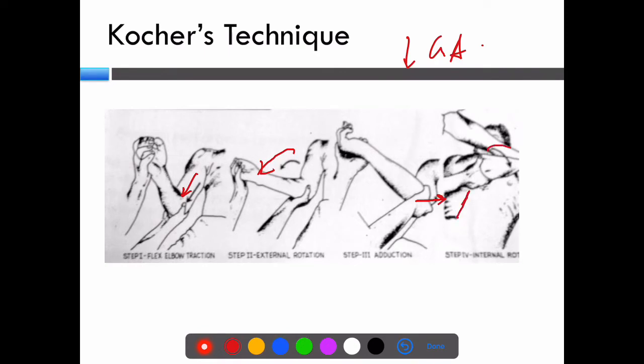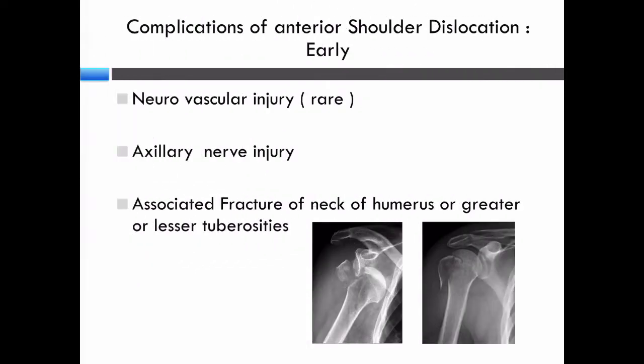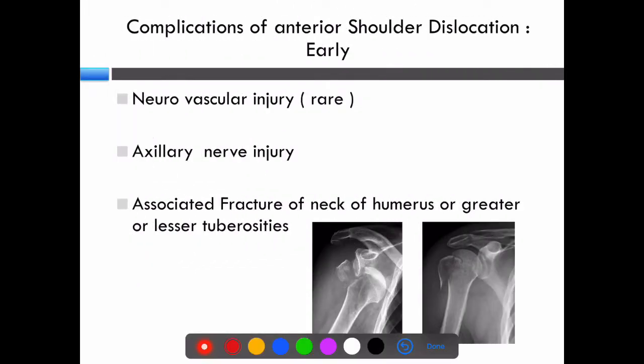Then we internally rotate it. This is the method of correction. There are some other methods where we bring the arm to 0-degree abduction or 180-degree abduction and push the head inside the glenoid cavity.